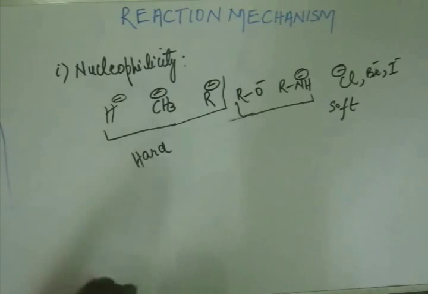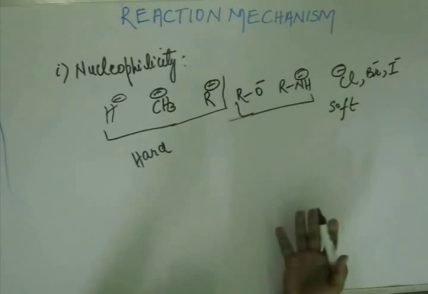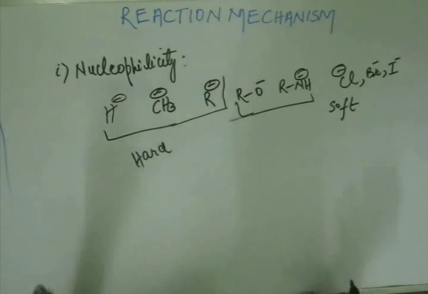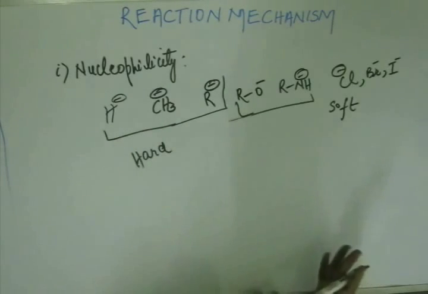If the nucleophilicity increases, then the rate of reaction increases. It will attack the substrate, and the rate of reaction will be very high if the nucleophilicity is very high. So one of the factors that govern the rate of reaction is nucleophilicity.